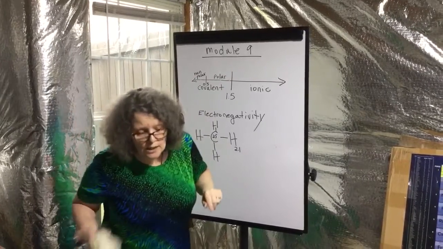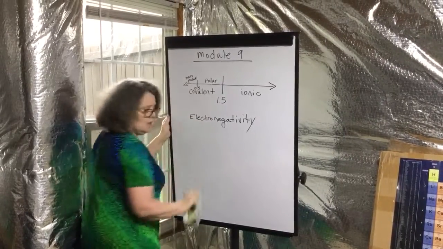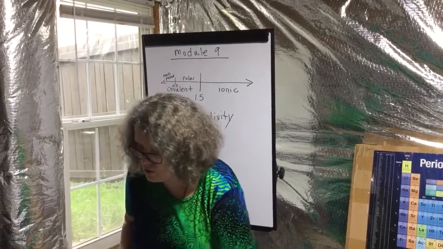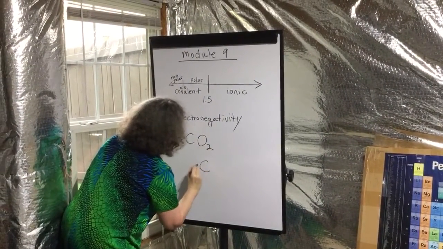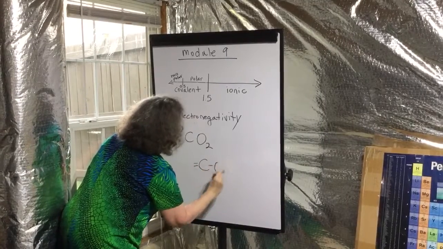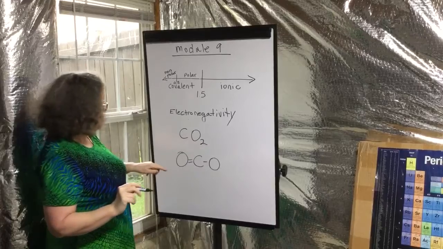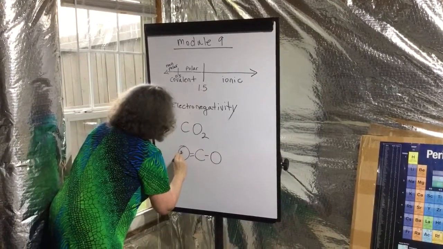All right, let's just do one more of those. Let's do CO2. I'd have to do the Lewis structure. I think this is correct for the line diagram. Okay, this is 3.5.